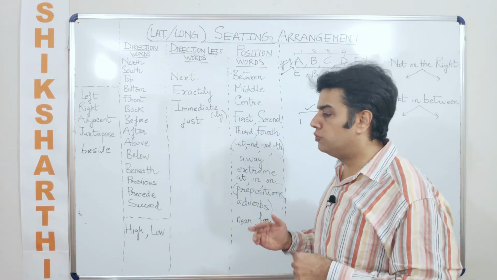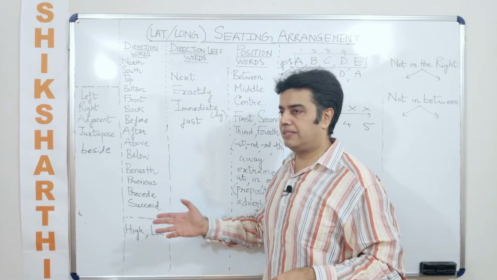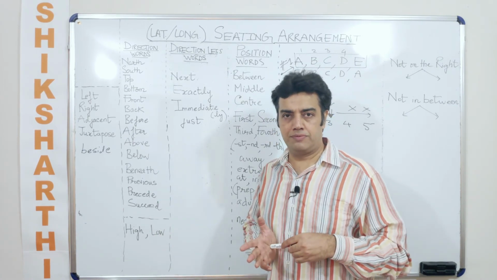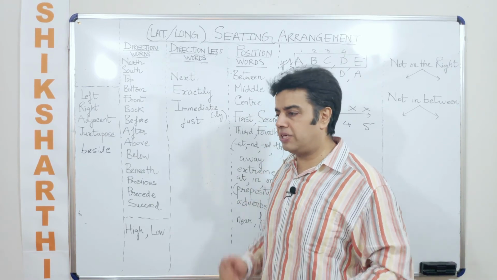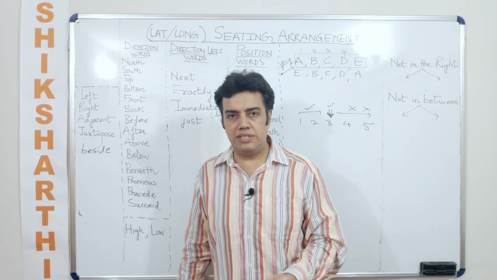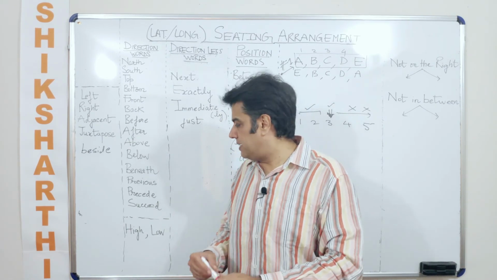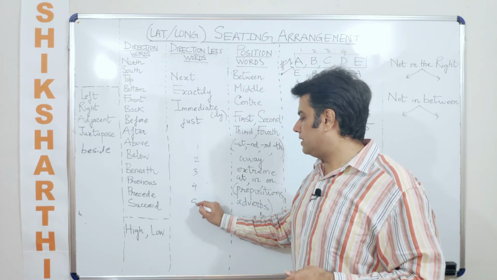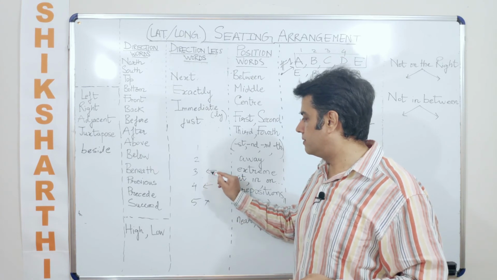Which is just like saying not after, not before, not previous, not succeeding, not at the top, right? Not at the bottom. Now when I say not at the bottom, is it ambiguous? Let's say there are 5 things, 1, 2, 3, 4, 5, and not at the bottom. Not at the bottom means anywhere here.